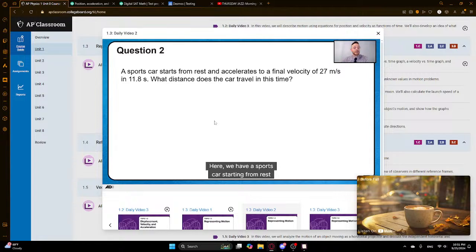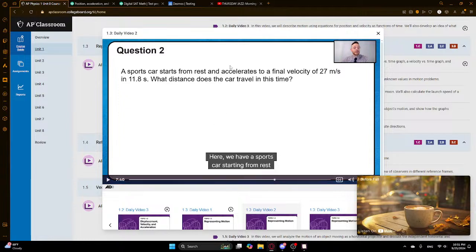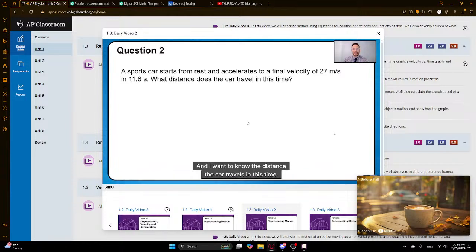Final position is initial position plus... well, we do know initial position is 0, or I'd assume it'd be 0, right? The car starts from rest and accelerates to a final velocity of 27 meters per second in 11.8 seconds, and I want to know the distance the car travels in this time.